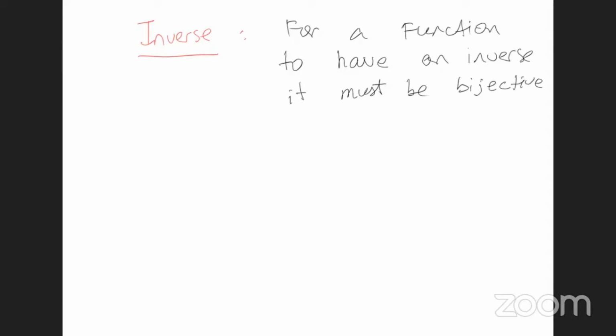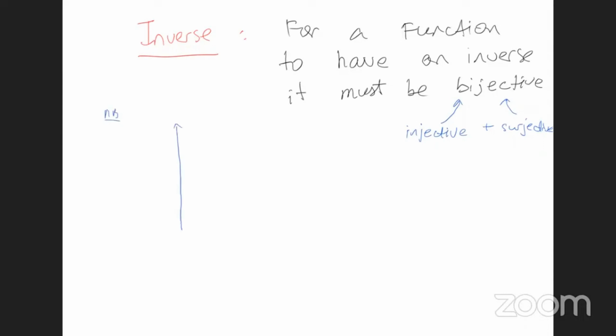What does bijective mean again? It means that it's both one-to-one, or injective, and surjective. So you have to show that it's both of them before you can find the inverse, right?